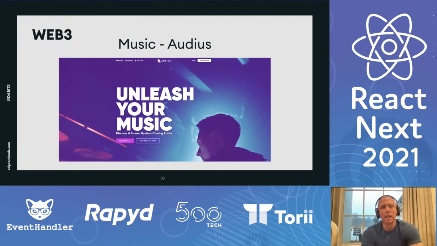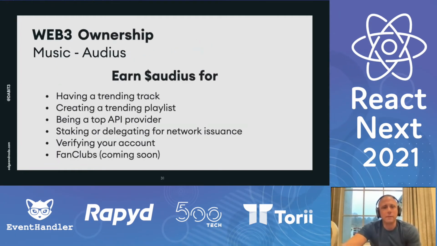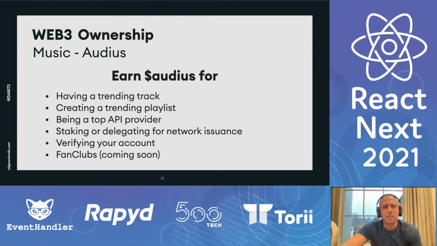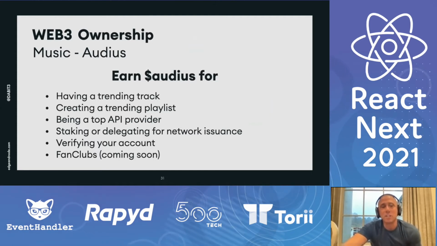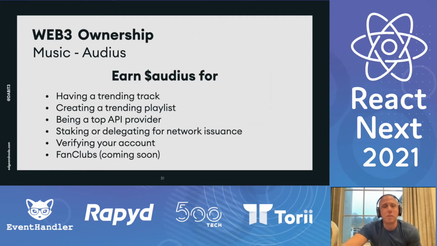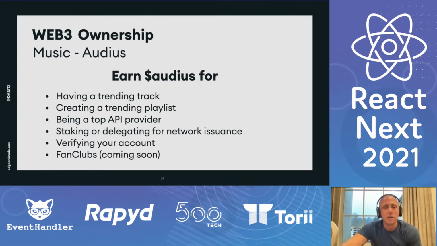So Audius is kind of like a Web3 Spotify you could think of. With Audius, there are different ways to earn tokens. So even if you're not an artist, you can create a trending playlist, and if people actually use that playlist, then you earn money that way as well. So you can earn money not only as a creator, as an artist, but as a user.